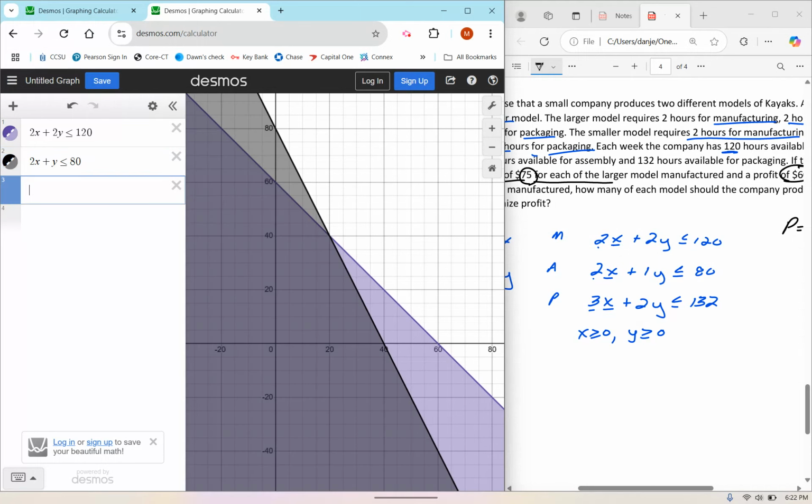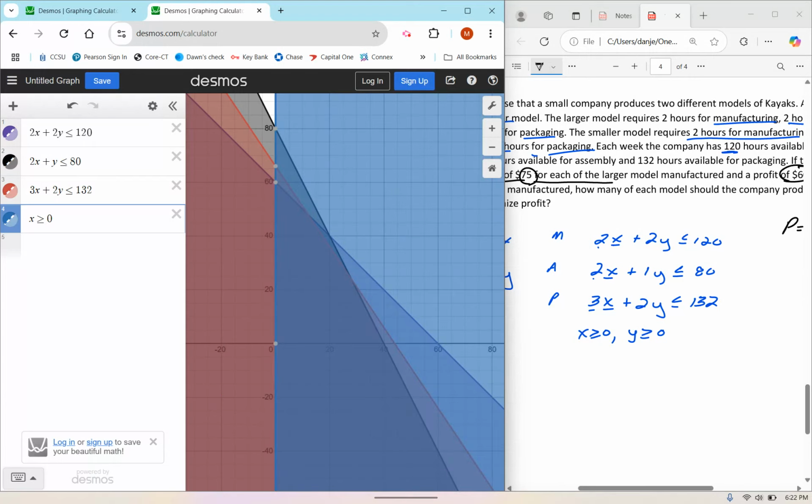And then our third equation, 3x plus 2y is less than or equal to 132. And then finally, x has got to be greater than or equal to 0, and y has to be greater than or equal to 0. And you see that feasible region is this region in here.